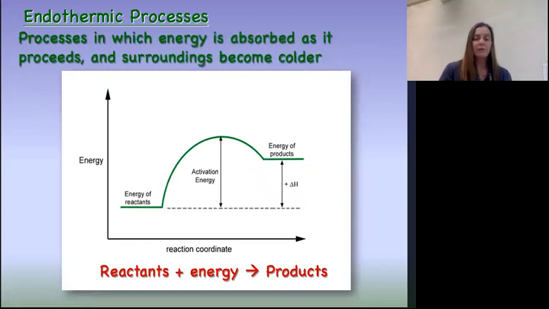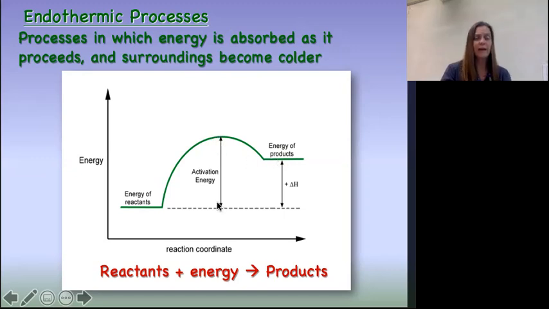So this is a process where energy is absorbed as it proceeds and our surroundings become colder. So our reactants have low potential energy in an endothermic process, and our products have a high potential energy. But you notice that we still have this activation energy. So there's still more energy required to get this reaction started than even there is for it to finish.